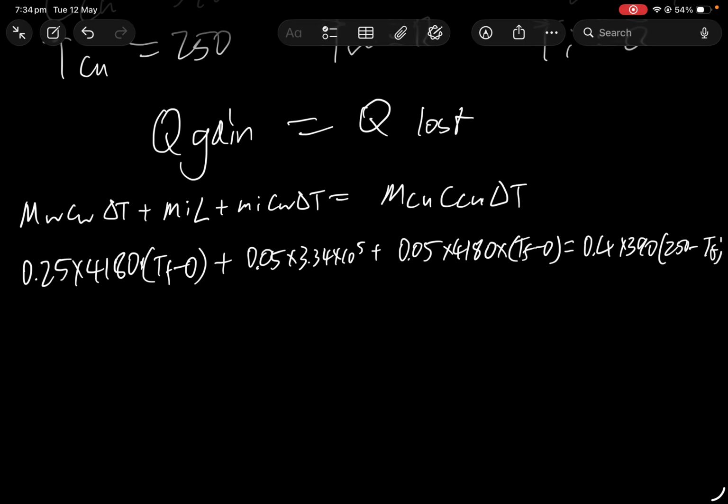Now we can simplify this. So these two have a common factor, which is T final, so we can just calculate those two together.